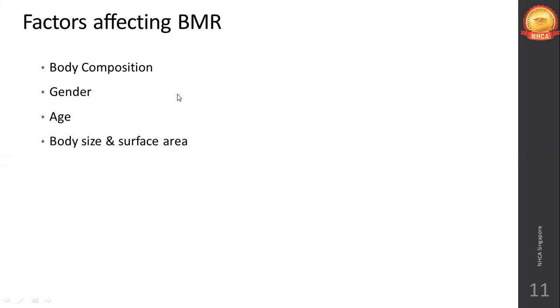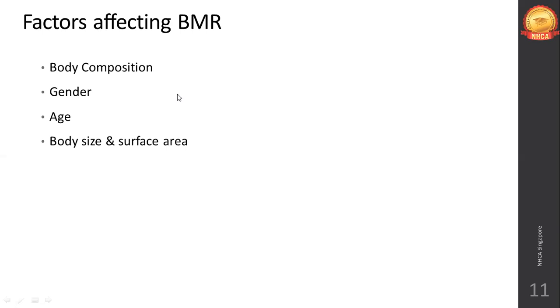Yes, it is the tall, thin person, because the tall person's body surface area is slightly higher as compared to a short person who is fat and has the same weight. The body surface area of the fat person is lower as compared to the tall, thin person.